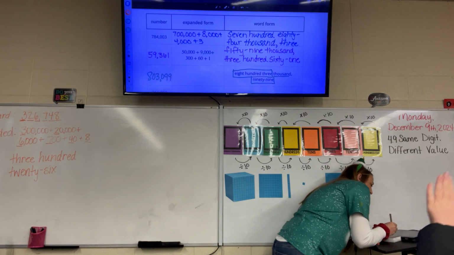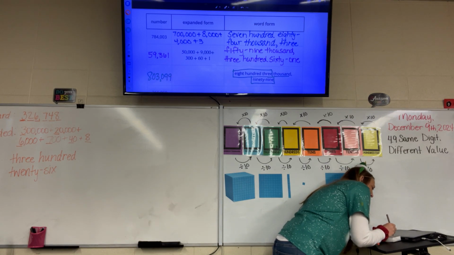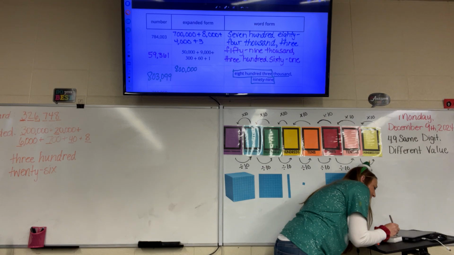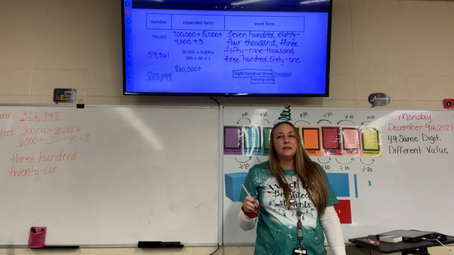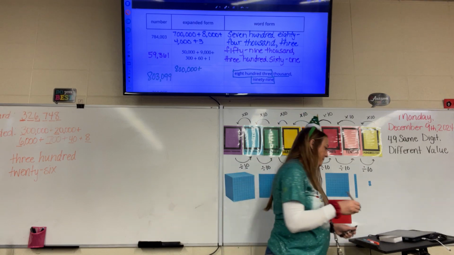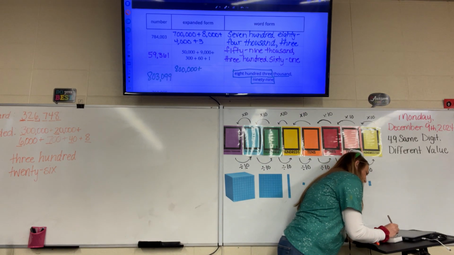Okay, expanded form. What comes first, Jackson? 800,000. Yes, 800,000. And then our 3 zeros. Plus, what comes next? Devin? 3. 3 what?